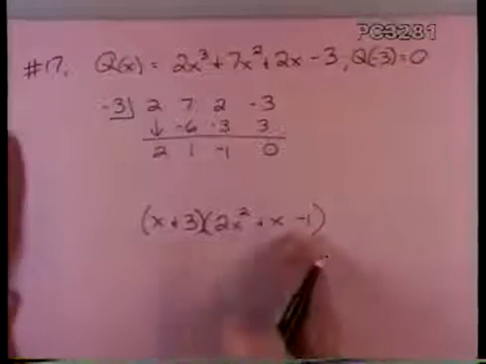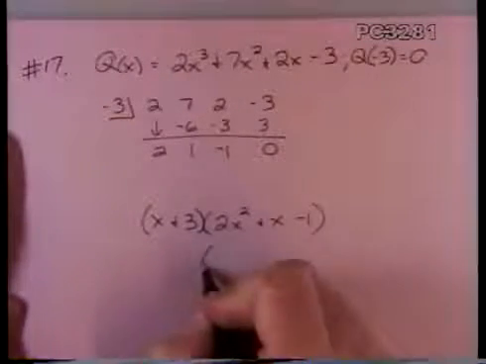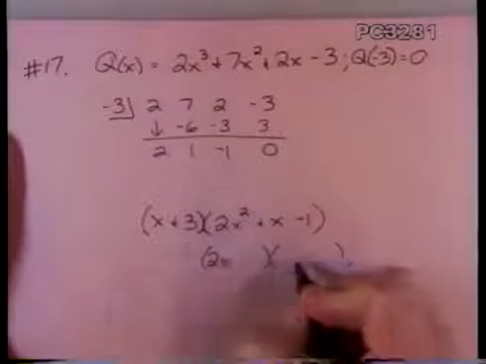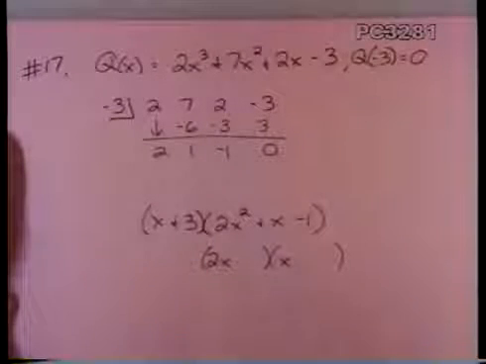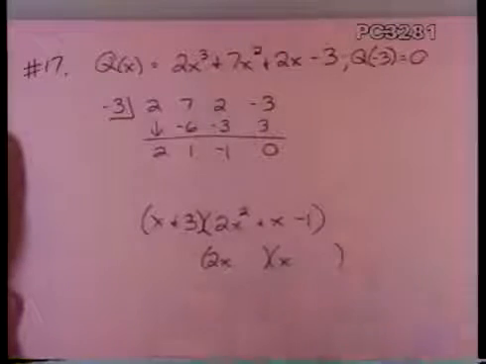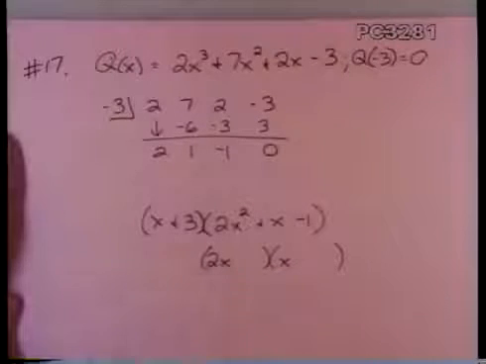Now, can I factor this? Because that's what we want to do. We want to completely factor it. Well, let's see if we can factor it by trial and error. 2x squared, that would be 2x and x. The last term is negative, so I know I'm going to have a negative and a positive. I don't know which way yet, and it matters this time because I have 2x in one place and 1x in the other.